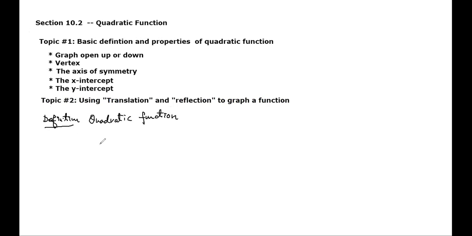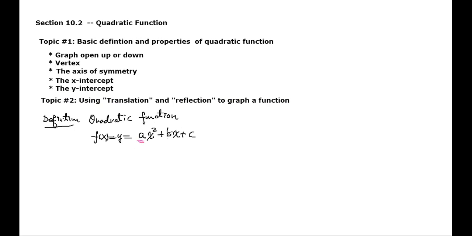So the way we write the quadratic function, you can write it like f of x, or you can say y equal to. That means a quadratic always has ax squared plus bx plus c here, okay? And in here, those are the constants.